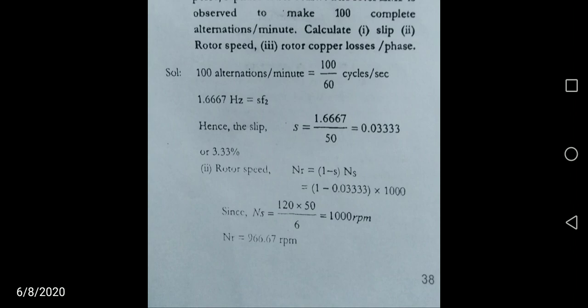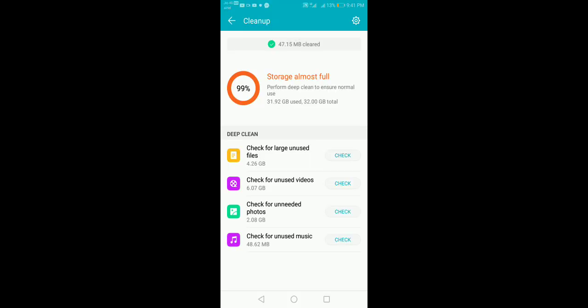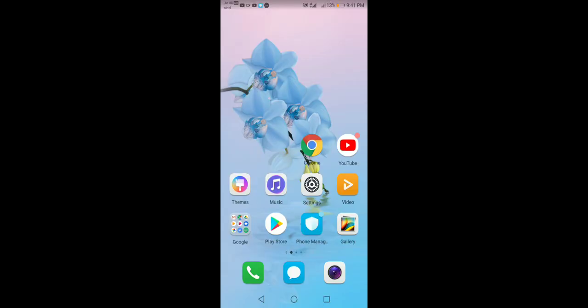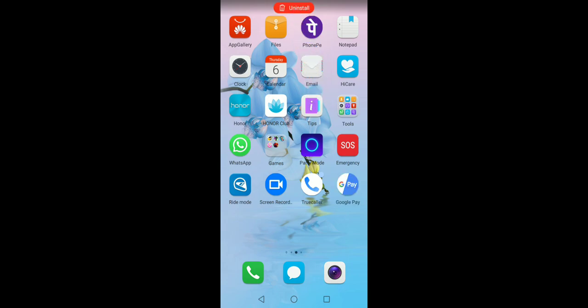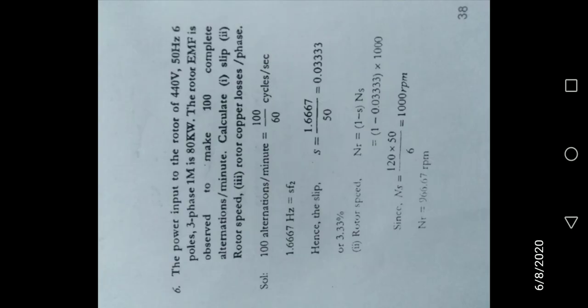So the rotor copper loss is 2.64 kilowatt. Rotor copper loss PCU equals S into P2.